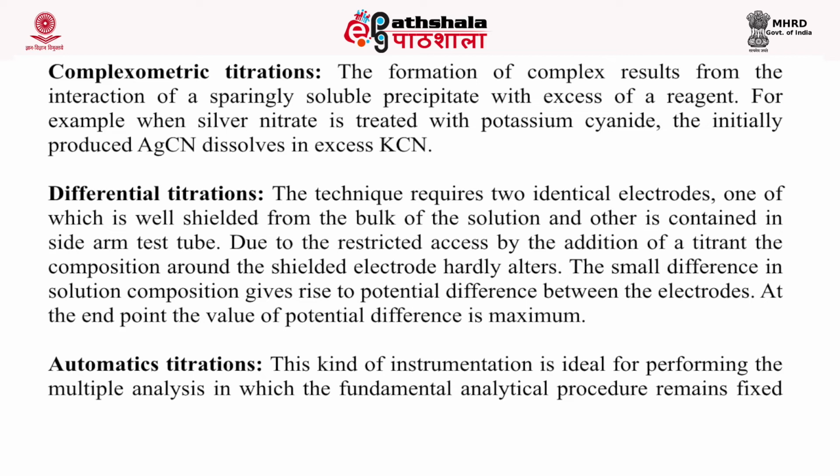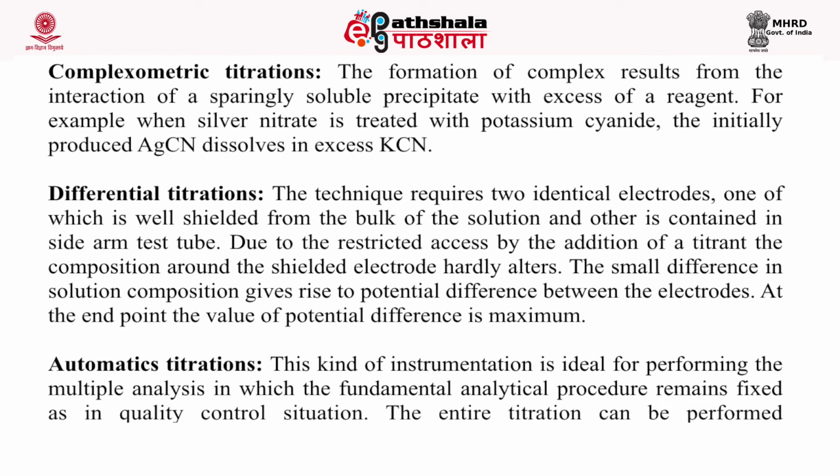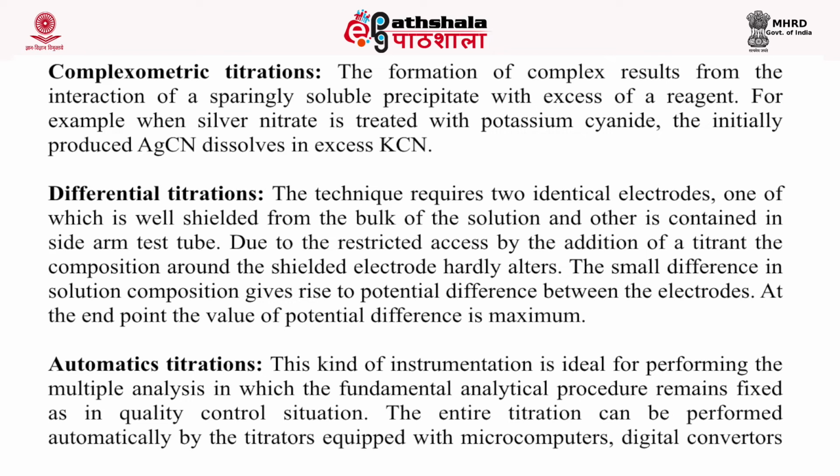This kind of instrumentation is ideal for performing multiple analyses in which the fundamental analytical procedures remain fixed, as in quality control situations. The entire titration can be performed automatically by the titrators equipped with microcomputers, digital converters, and using dedicated software.